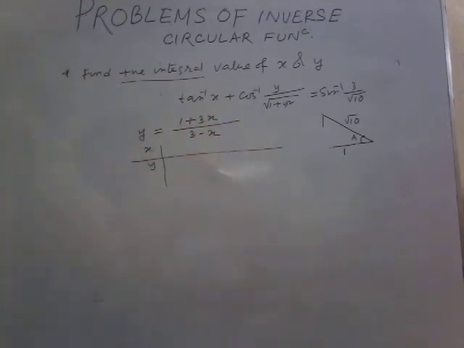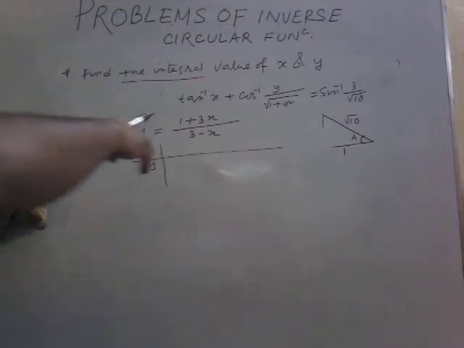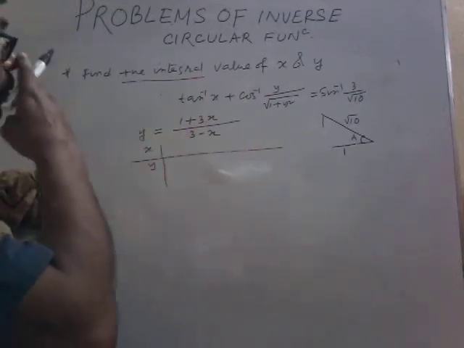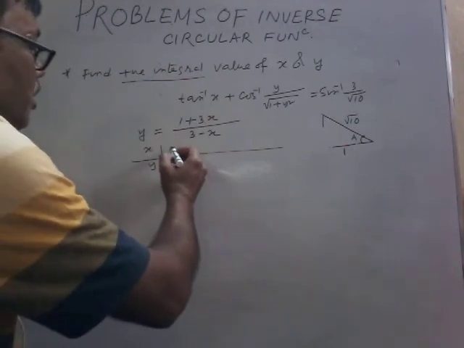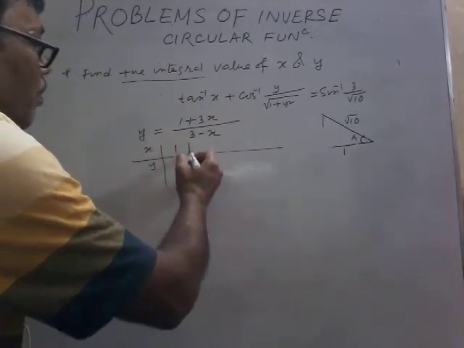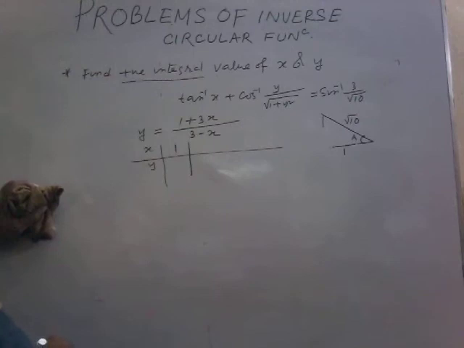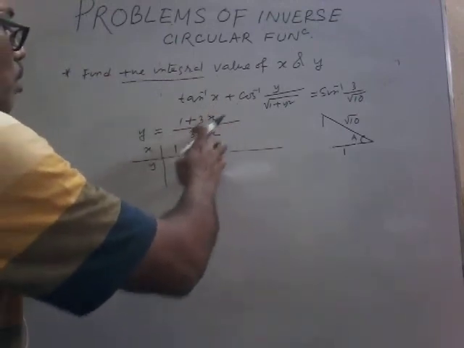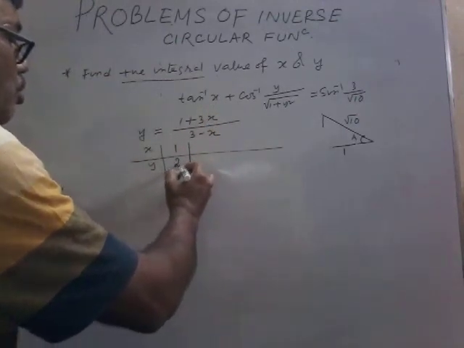So we cannot take x equals 3, 4, or greater than 4. So suppose x equals 1. Then what is y? 4 by 2, this is 2.